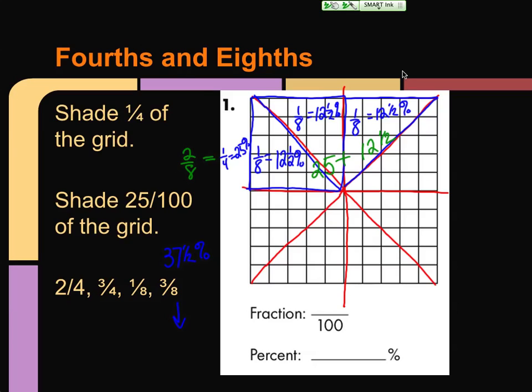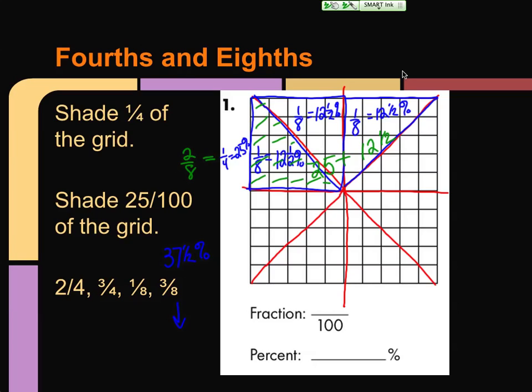If I counted up every single one of those squares in 3/8, let's count it. 1, 2, 3, 4, 5. Whoops, that's a half. 1, 2, 3, 4, 5, 6, 7, 8, 9, 10, 11, 12 and a half. Plus another 12 and a half, plus another 12 and a half gives me 37 and a half.